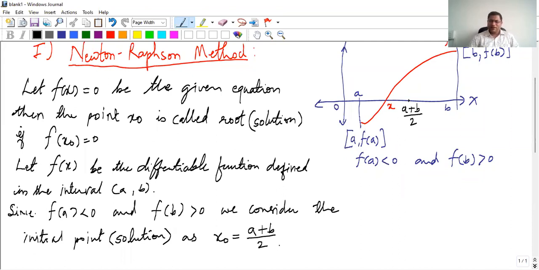What we consider is x0 equal to a plus b by 2. So this will be our initial approximation. So this is going to be x0.